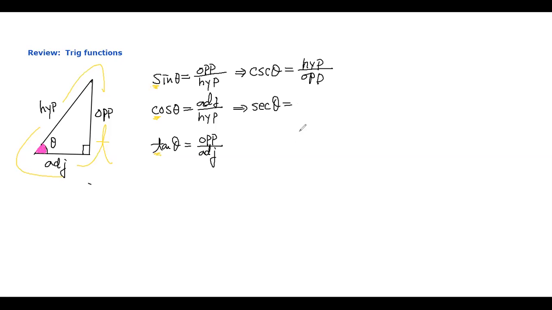The reciprocal of cosine is secant, so you flip it: hypotenuse over adjacent. Then cotangent is just the reciprocal of tangent, so it will be adjacent over opposite. As long as you know the first three, you know the other three. You just reverse them, flip them.